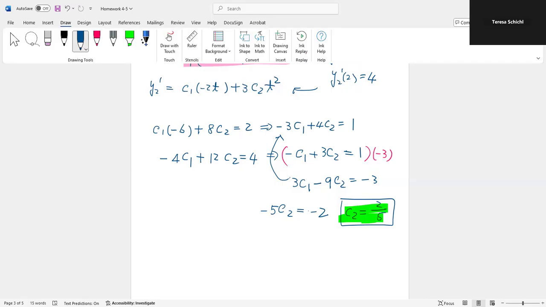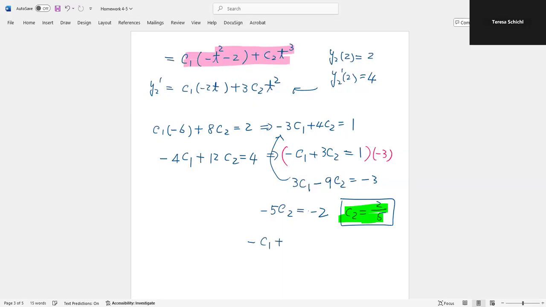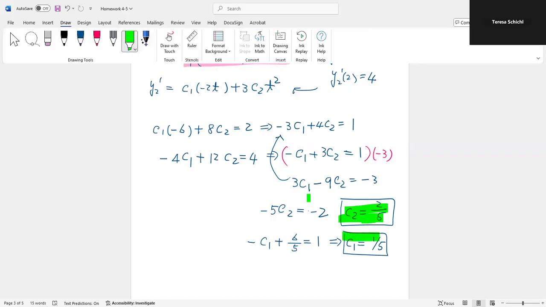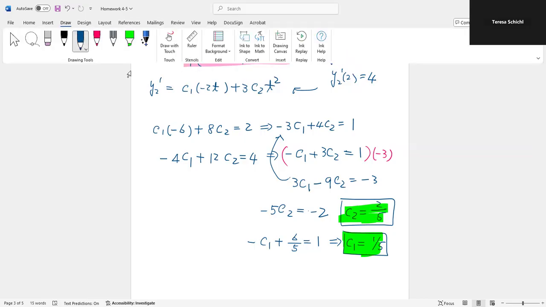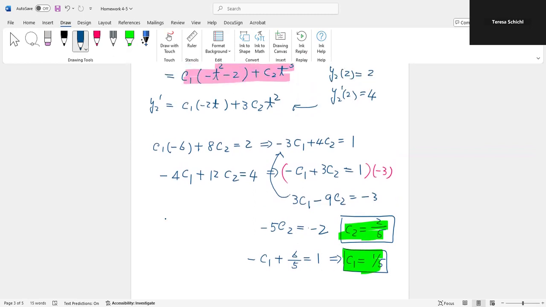Now C1 is here. You just substitute back. So negative C1 equal to 1 minus 3C2, right? So negative C1 plus 3C2, which is 6 over 5, is equal to 1. So that means C1 is equal to what? 1/5. Finally, okay, so now we find my second solution. Just plug it into this pink highlighter I have here.